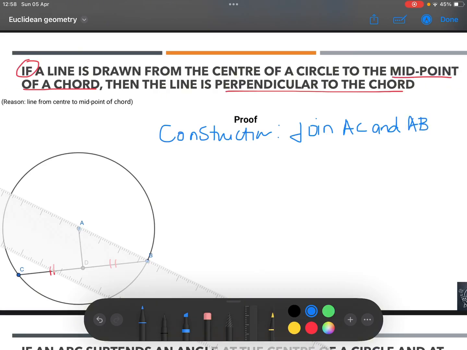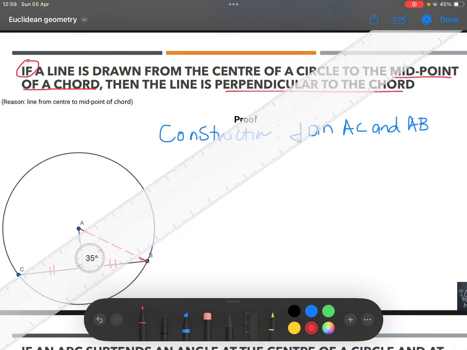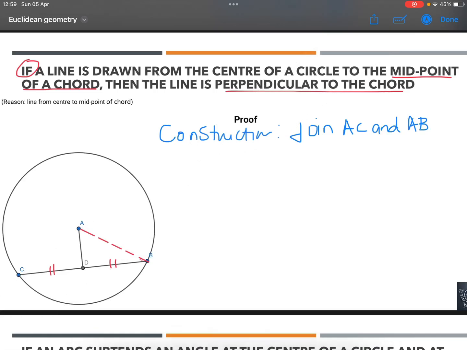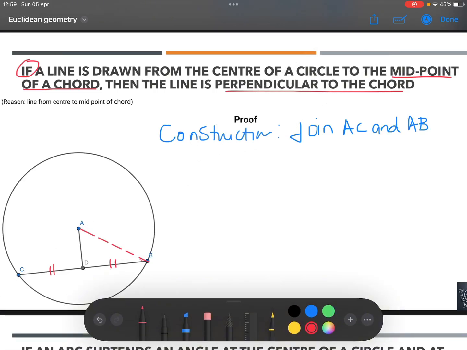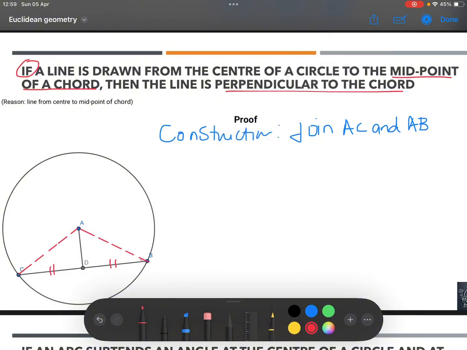So we're going to join the two lines that we're talking about. Okay, there we go. Let's join AC based on our construction. Then we have joined our sides.